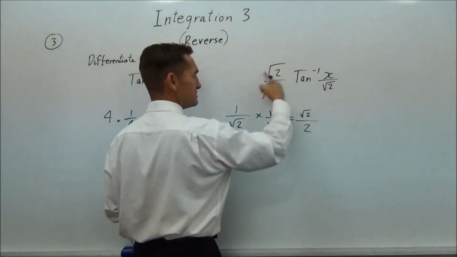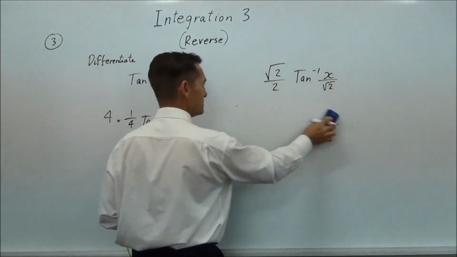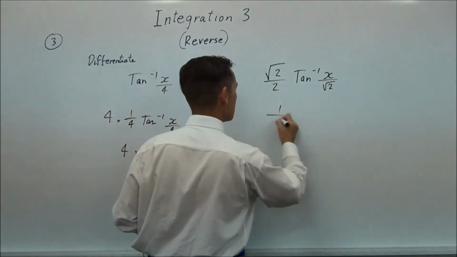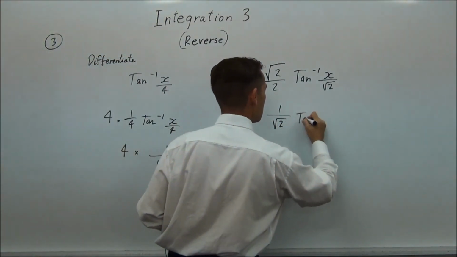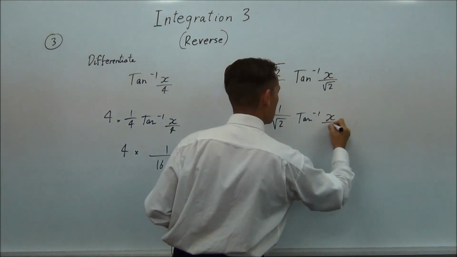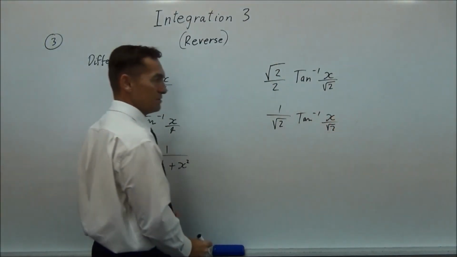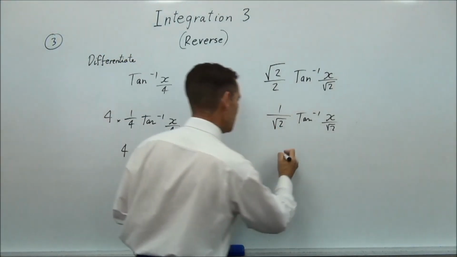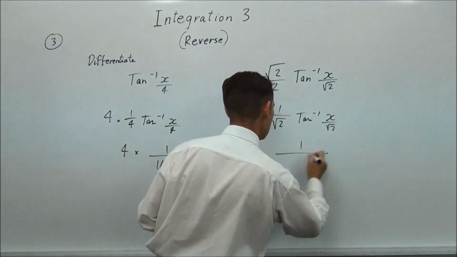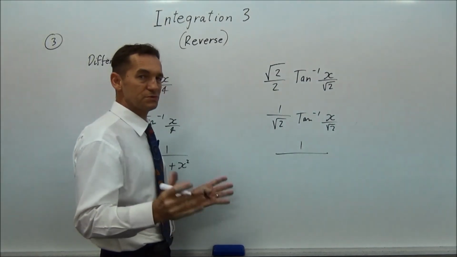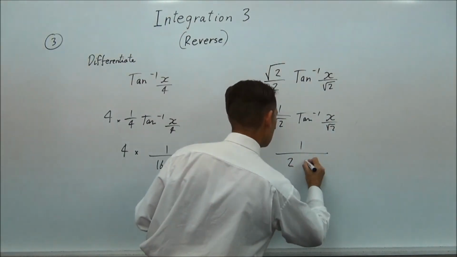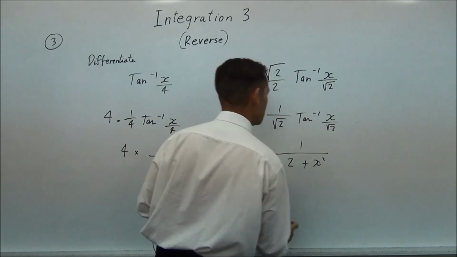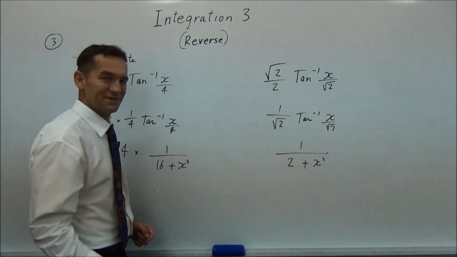So this is exactly the same as that. And if you're differentiating that, it's very straightforward because that's your a. So you'll get 1 over a squared, root 2 times root 2 is 2 plus x squared. Nice trick, and you're done.